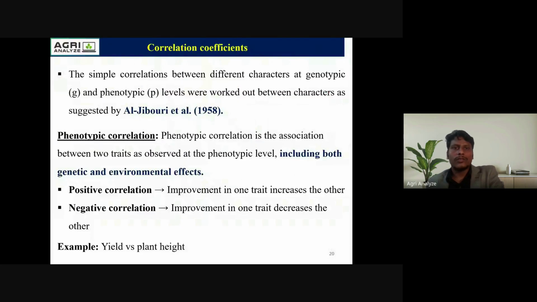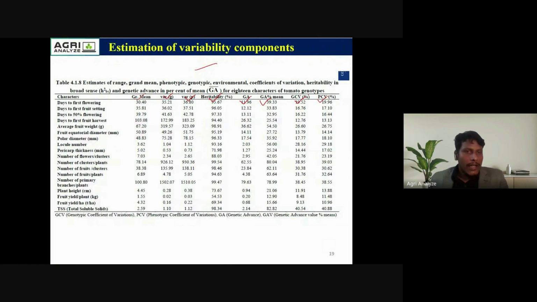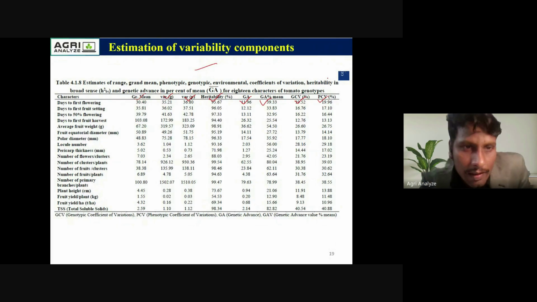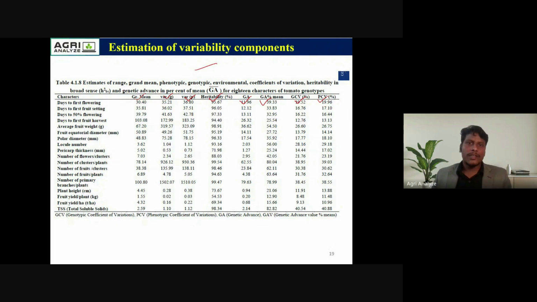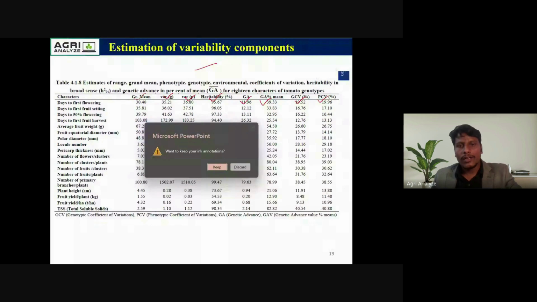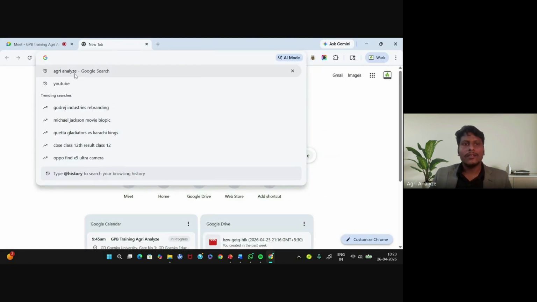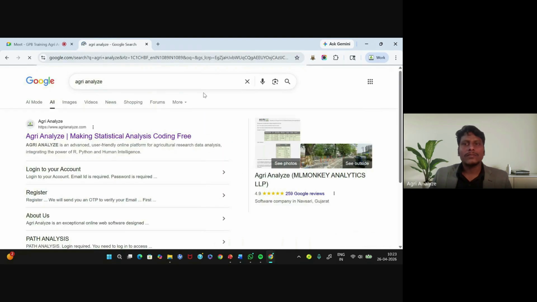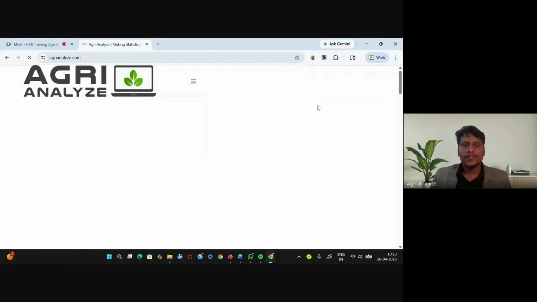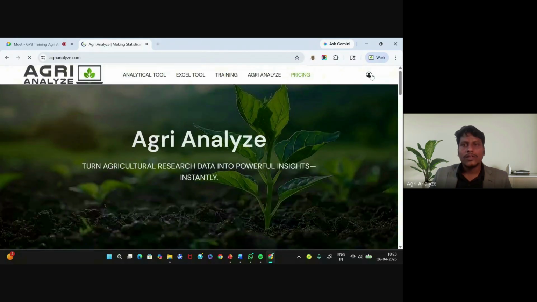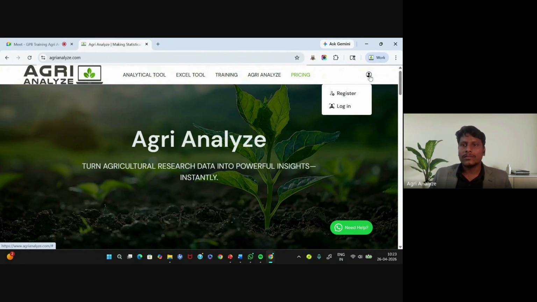Okay. Now we are going to demonstrate how to analyze the estimation of variability in Agri Analyze. So please, everyone, log in to Agri Analyze. Type Agri Analyze here, then go to login.